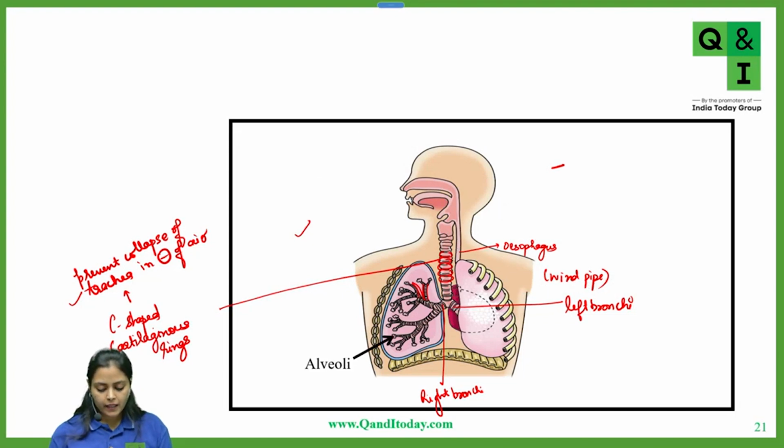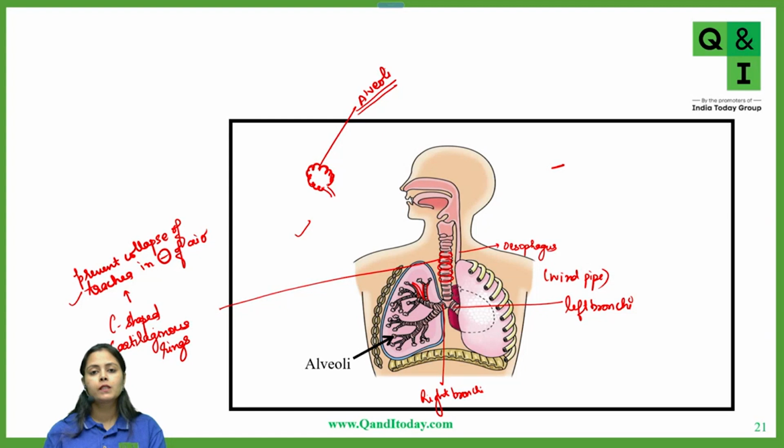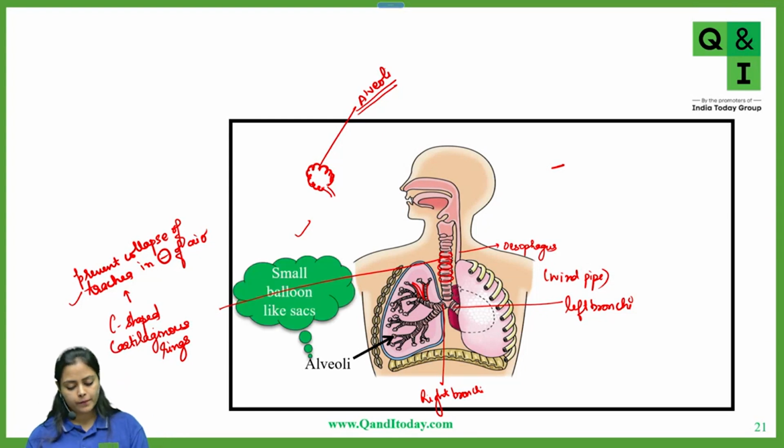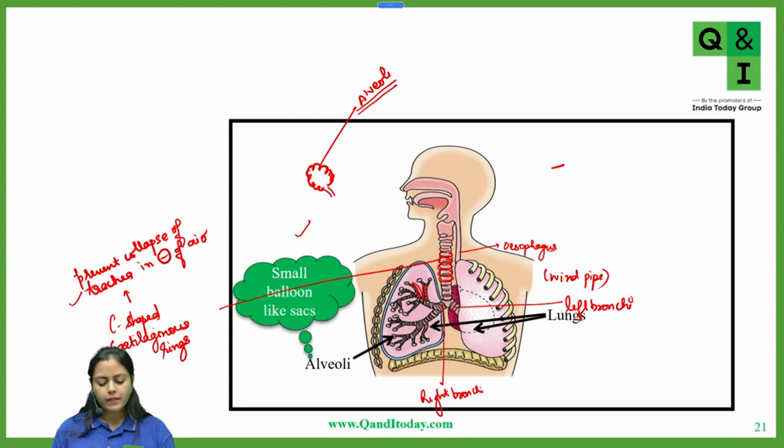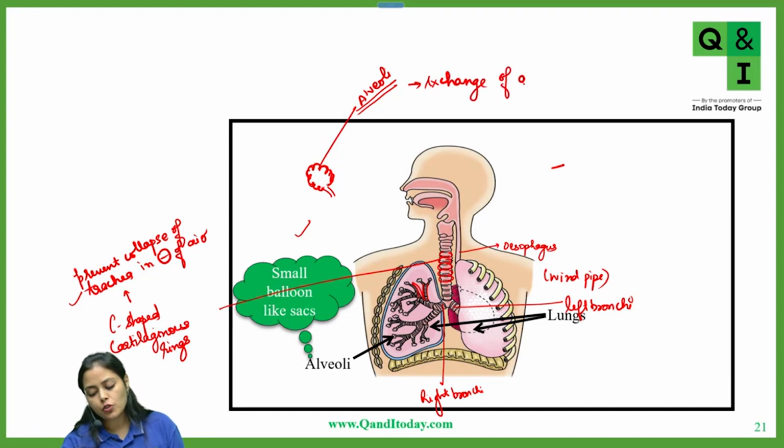Finally, the bronchioles terminate into such bag-like, balloon-like structures, which are called alveoli. These are small balloon-like sacs, and alveoli are the exact site where exchange of gases takes place.